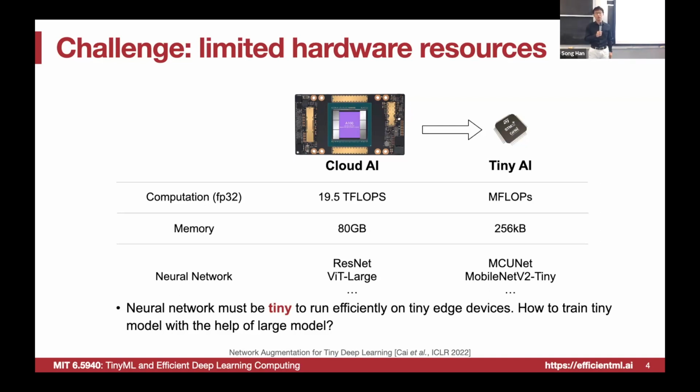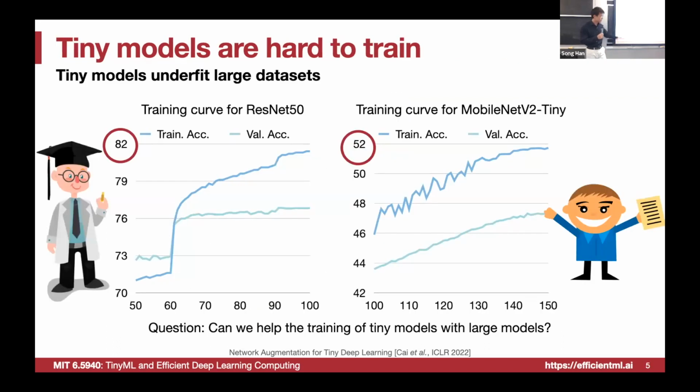But we know how to train large models. But how do we train tiny models? Can we get help from this large model as a teacher? Teacher, student, large model, small model. Okay? So tiny models are hard to train. They tend to underfit on large datasets. Like ResNet 50, this is the top 5 accuracy versus the top 1 accuracy on ImageNet.